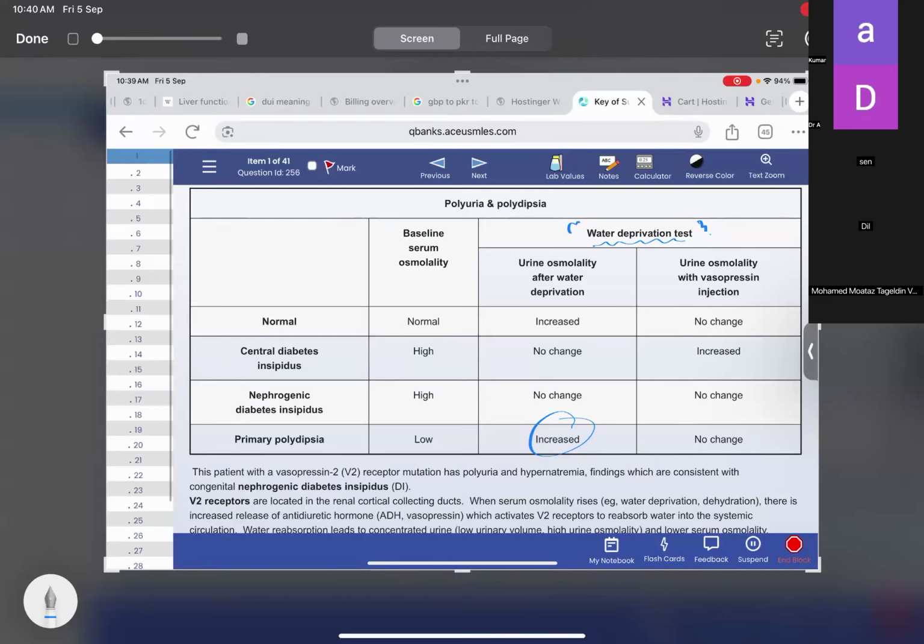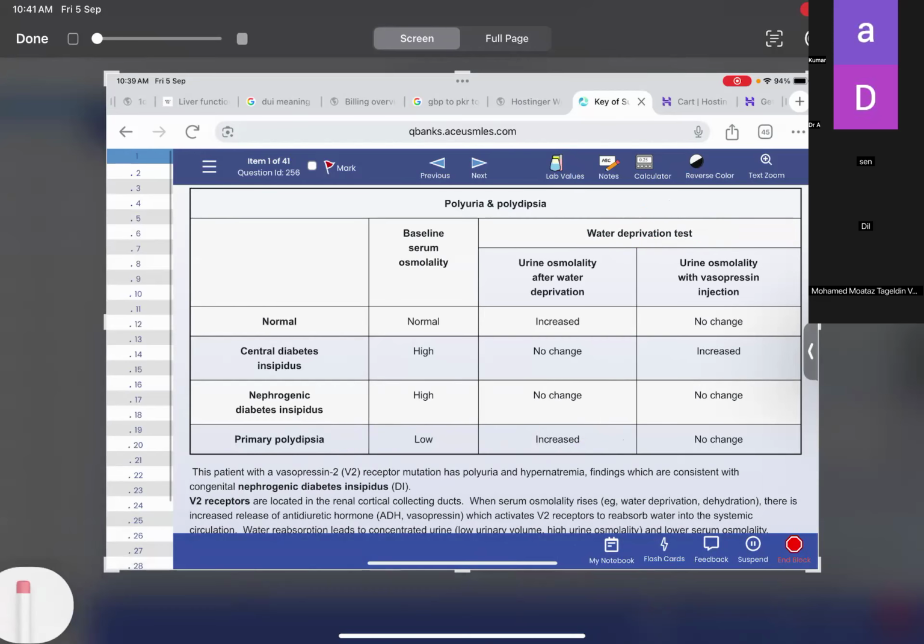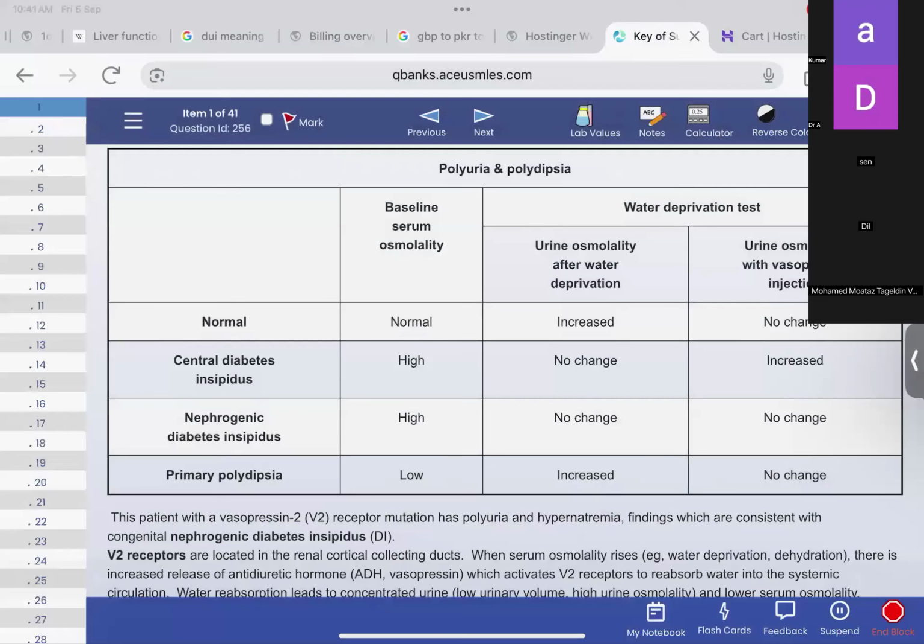In primary polydipsia, ADH is normal and receptors are normal, we are just drinking more water, and that's why our urine osmolarity becomes low. So if we deprive the person of water, the physiology gets back to normal, okay? Got it?